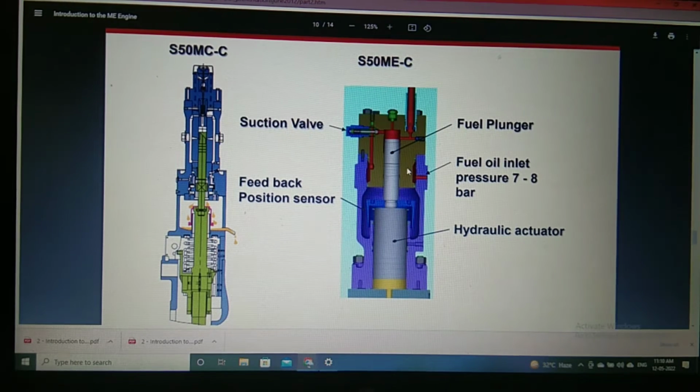And this is the fuel oil inlet 7 to 8 bar, which is coming from the pump, right? It is present here. This is the feedback positioning sensor. This is the feedback positioning sensor is also there. What is the function, we will tell you later on. Then this is the fuel plunger, which is moving up and down, right? And this is the suction valve, and this is going to the injector to inject the fuel, right?